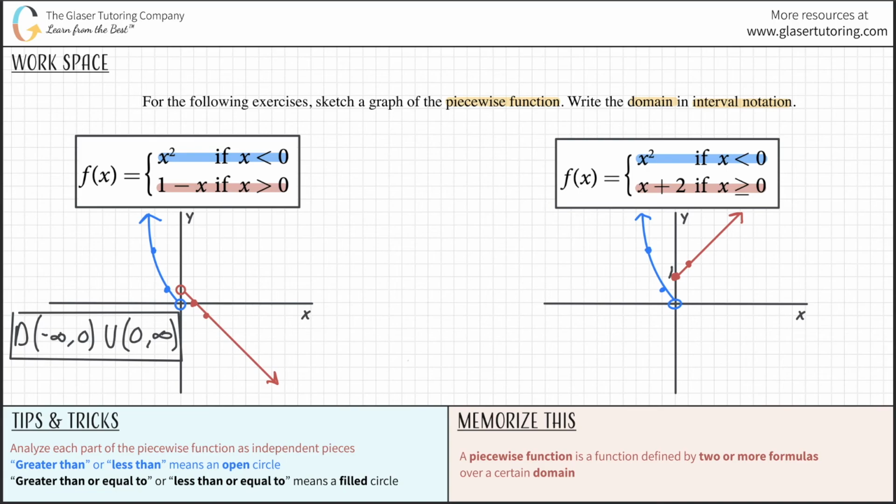As long as one of the graphs has 0 filled in, that means 0 is indeed part of the domain. Although it's not filled in here, it is filled in for the second formula, and therefore 0 is part of the domain. So it's nothing special. The domain goes from negative infinity all the way to positive infinity.